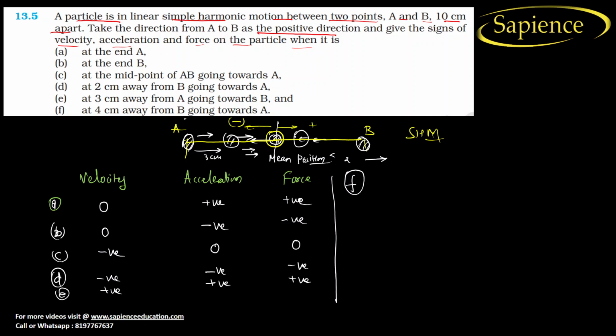So definitely the 5 centimeter position away from B is in this direction. So this is the acceleration direction, force direction, and it is going toward A. So everything will again be negative. So for F, velocity will be negative, acceleration will be negative, and force will also be negative. So I hope we have done all the questions of 13.5. Okay.